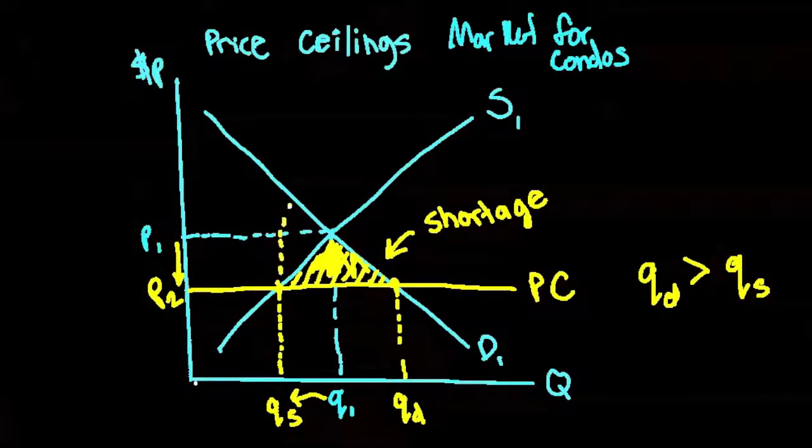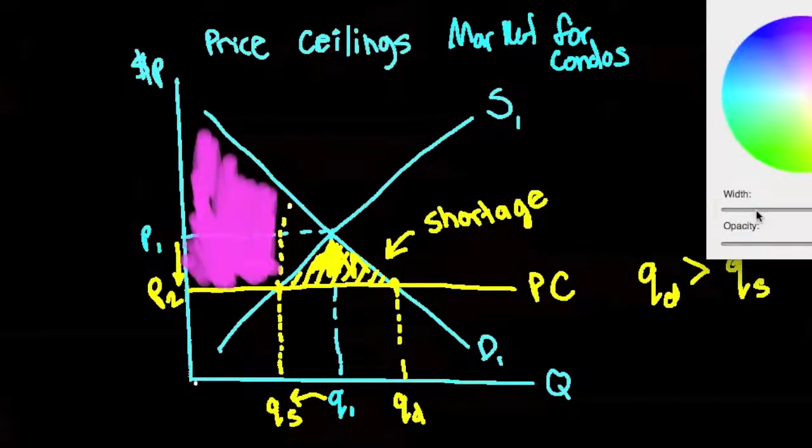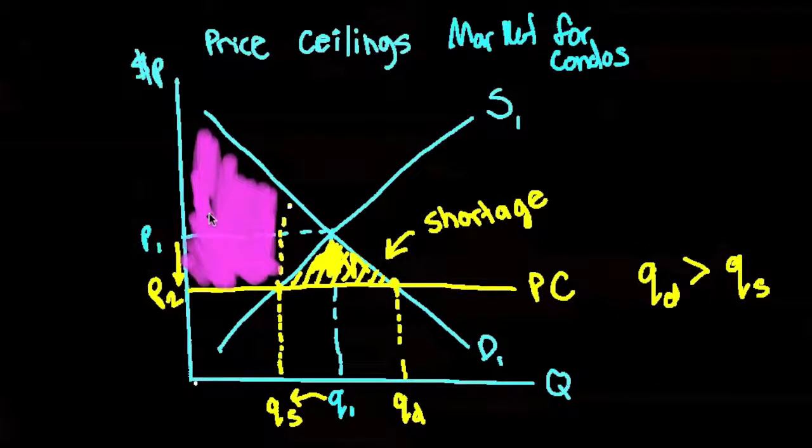Okay, so over here, let me just fill this out right here. Everything above this yellow line, with the exception of this triangle, I'll explain that in a minute, this right here is called consumer surplus.